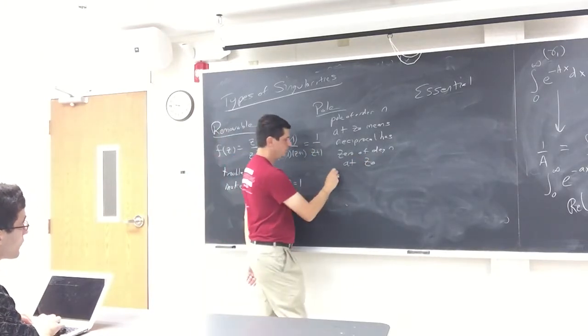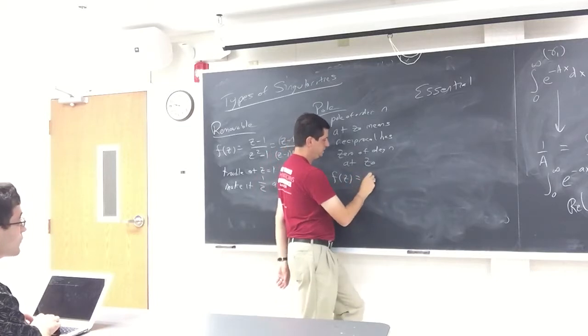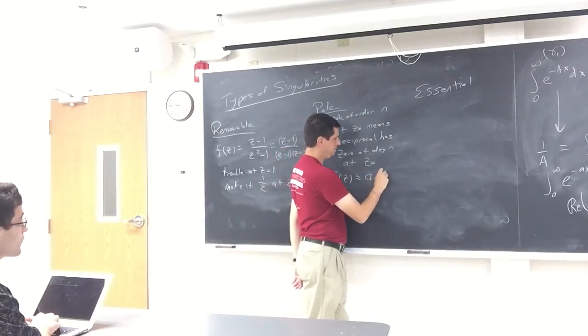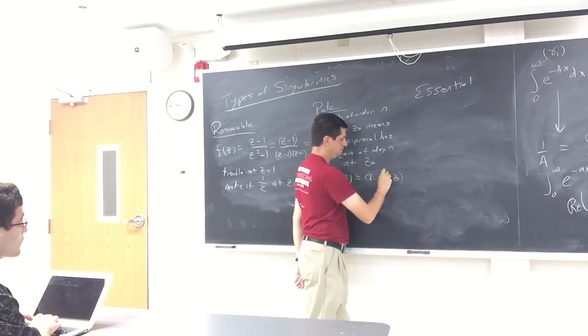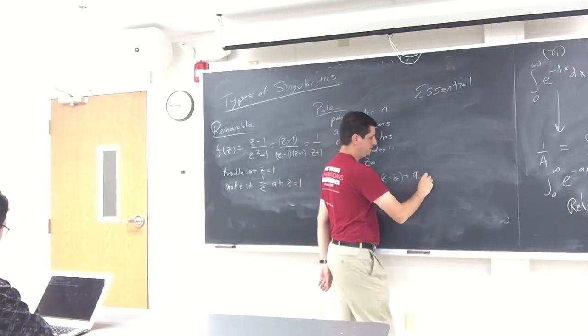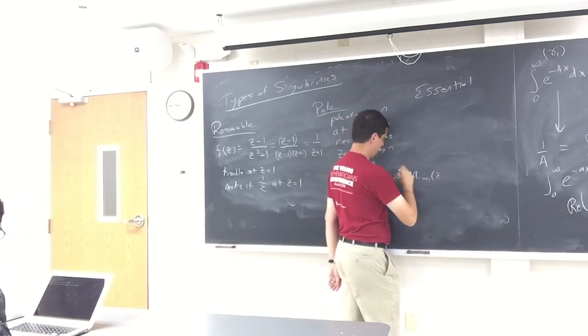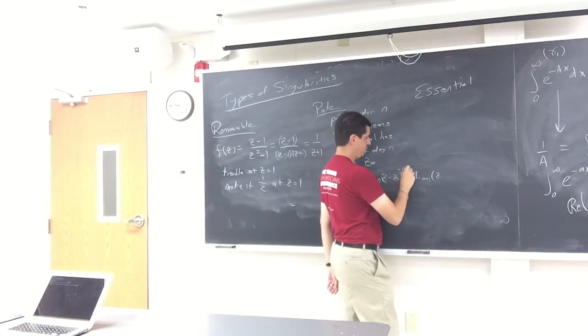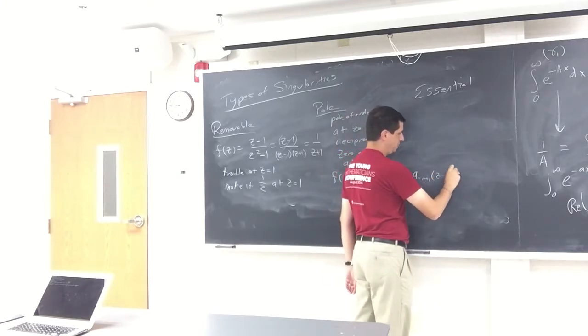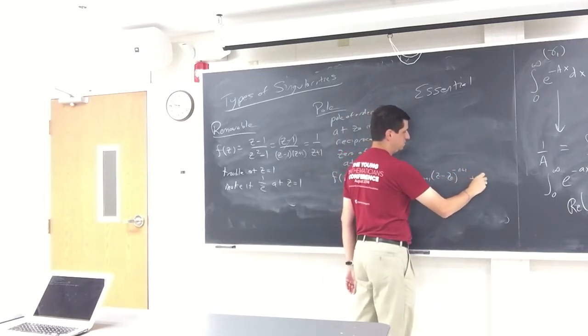So here what we'll mean is f of z is a minus n times (z minus z0) to the minus n, plus a minus n plus 1 times (z minus z0) to the minus n plus 1.